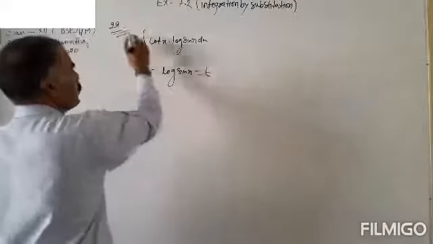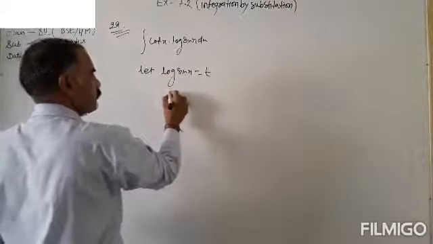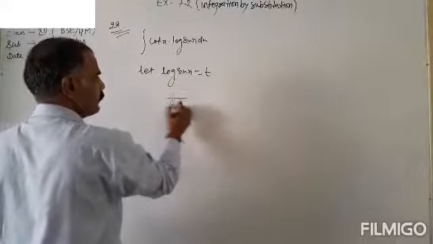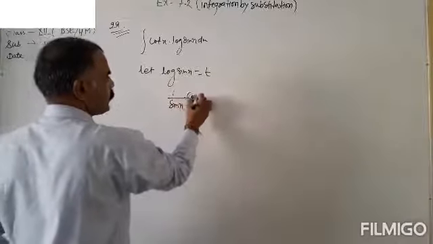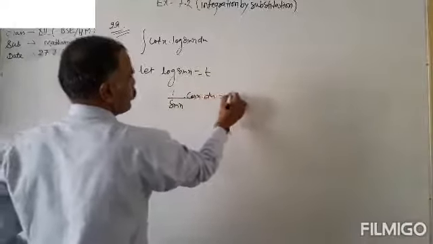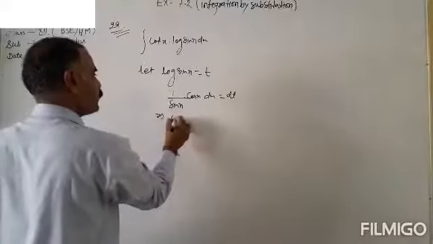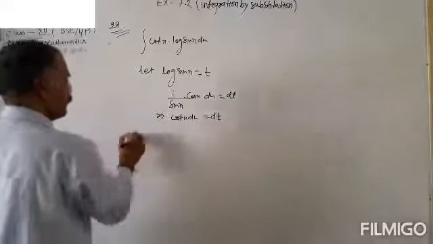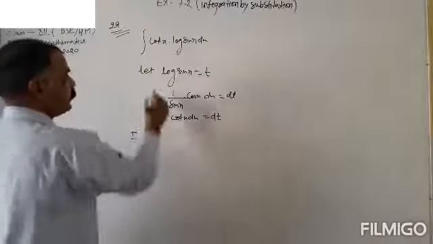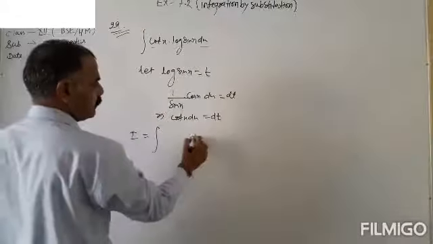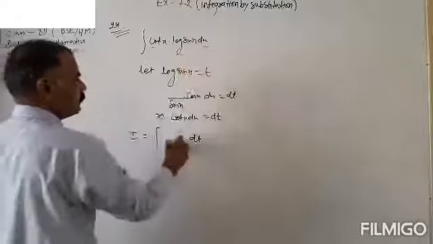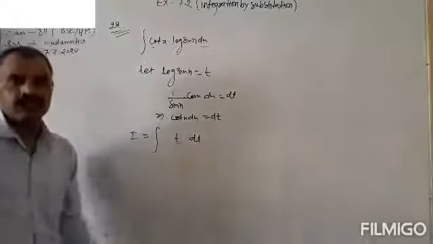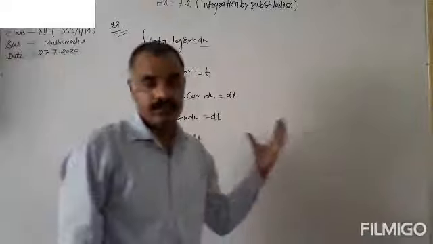So 1 upon sin x and the differentiation of sin x is cos x, dx is equal to dt, meaning cot x dx is equal to dt. So the integration will change to cot x dx equal to dt and log sin x equal to t, so t dt.